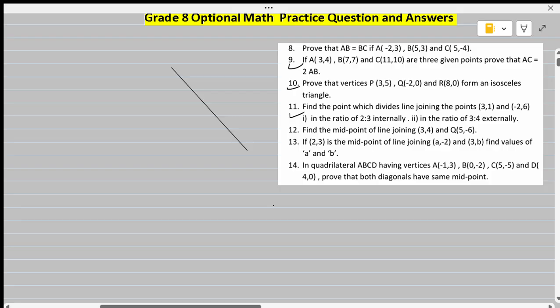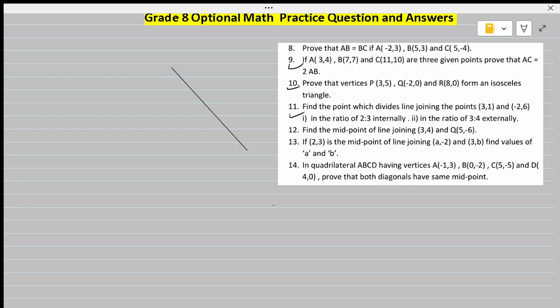So this joins the line point 3, 1 and -2, 6. 3, 1 is the first point, and -2, 6 the second point. So it's not corresponding to the real graph, this is a random line I'm making. Sorry. And the dividing point I'm keeping P. Right, so A is the first point here, A(3, 1), that we consider to be the first point. So from the first point to the dividing point, there is the first part of the ratio, and the ratio we are given here is 2:3.